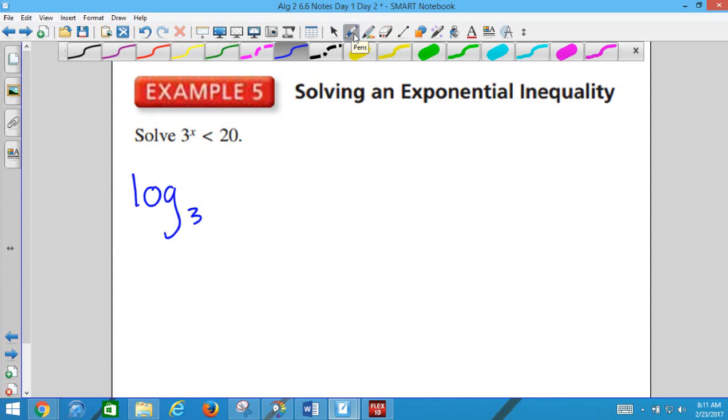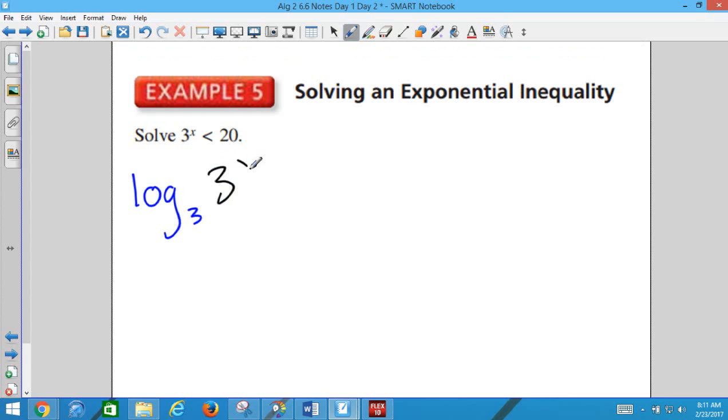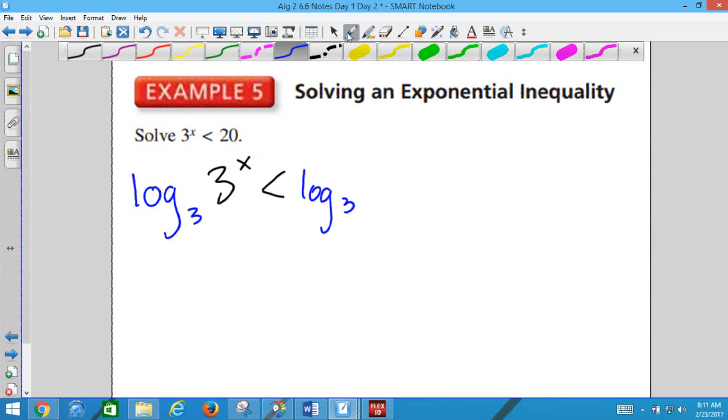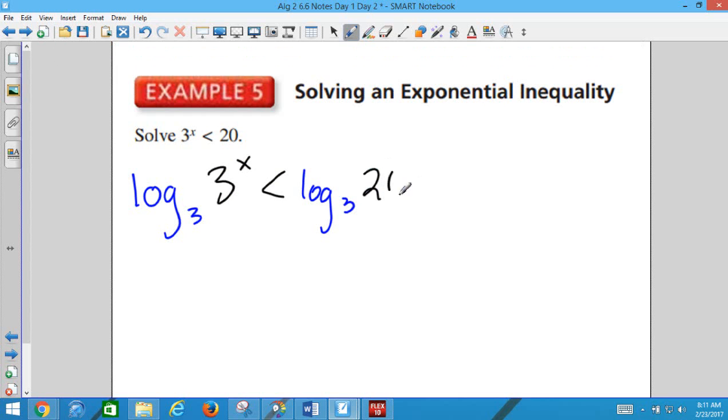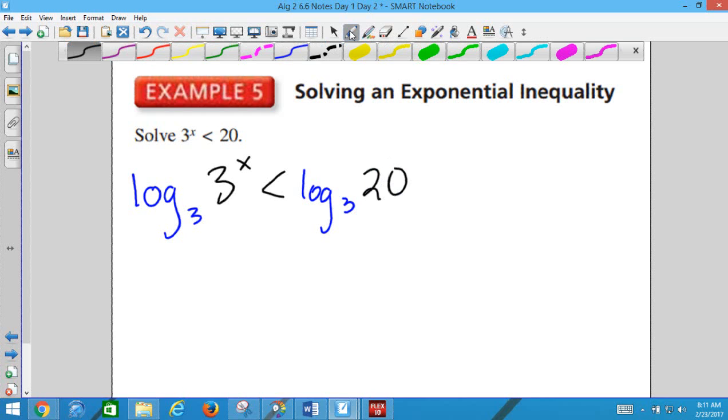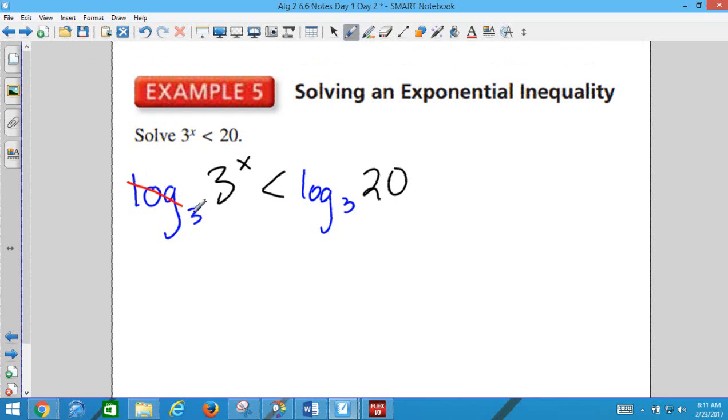So we're going to do log base 3 of 3 to the x less than log base 3 of 20. So log base 3 and base 3 cancel out, so we get x.